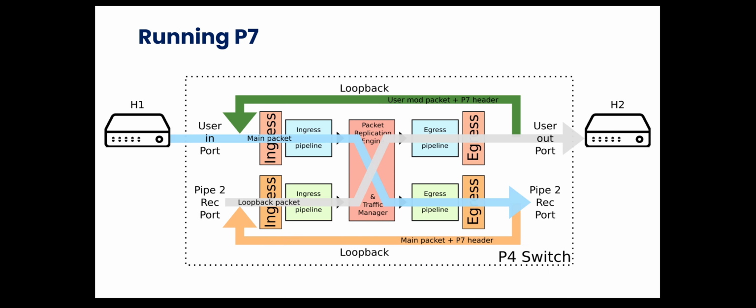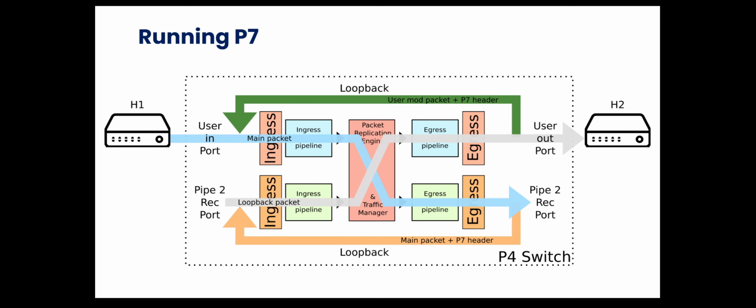The user is also able to set custom P4 code inside of the internal switches. When the user sets their own P4 code, what we are going to do is set the P7 P4 code in one pipeline and the user P4 code in a different pipeline to emulate when the packet needs to enter one switch or a different switch.